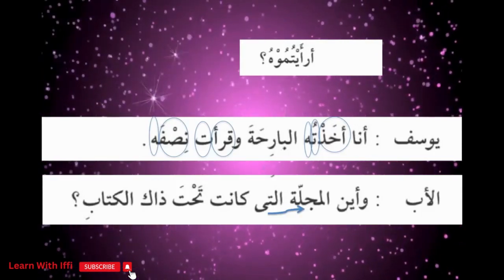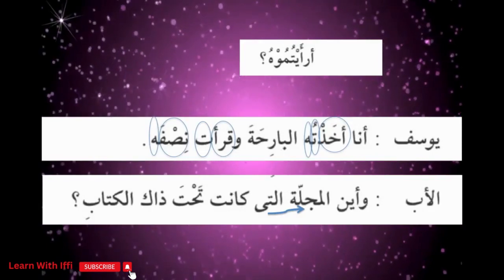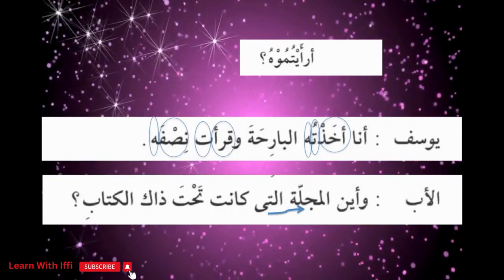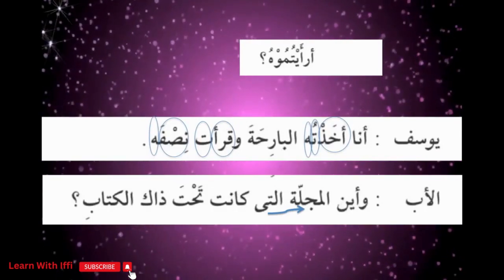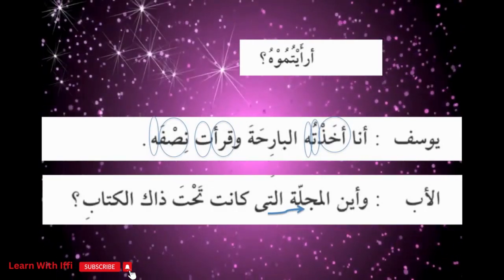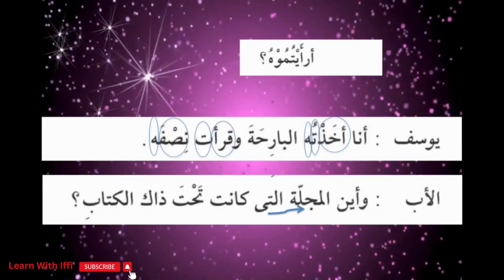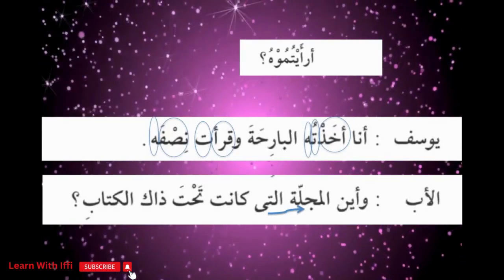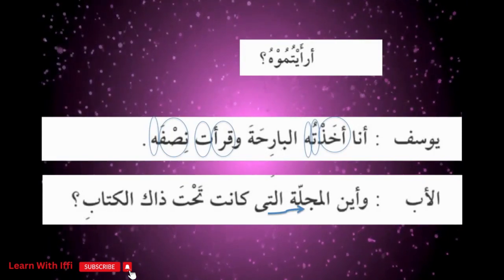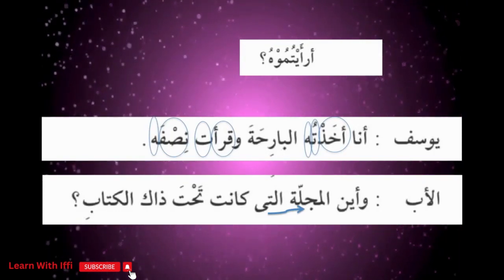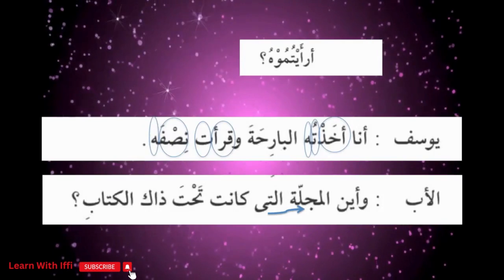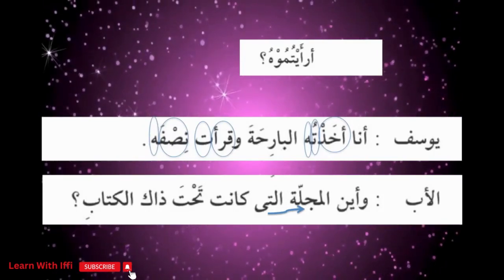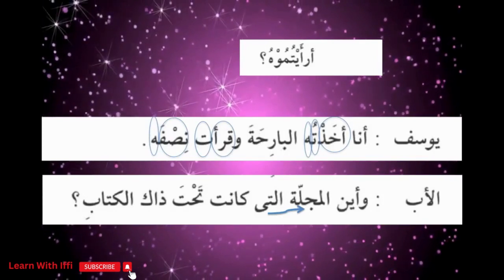That which was. Now we need to have silatul mawsul when there is ismu mawsula. So kanat is your fa'al, jumlatul fa'al, coming as a silatul mawsul. Now we know kana is a fa'il naqis, so it will have ism and khabar of its own. Kanat means here, which refers to majallatun, it was, and what is the khabar is tahta.